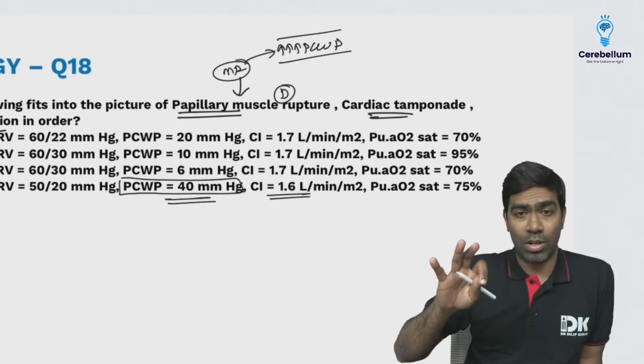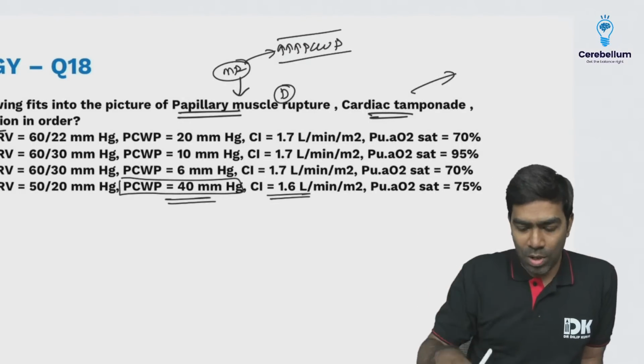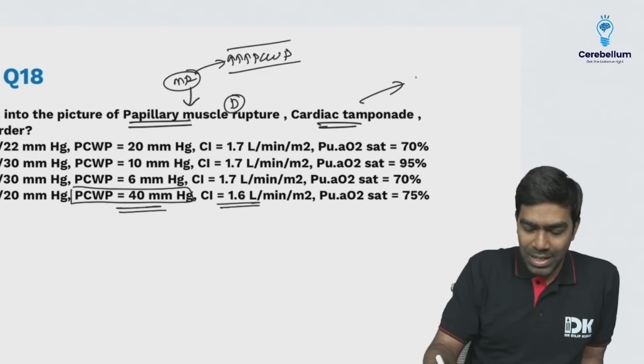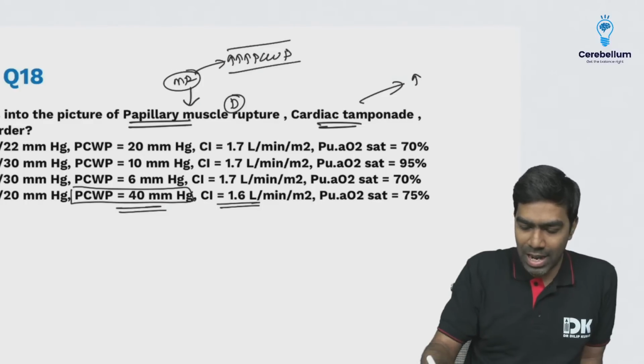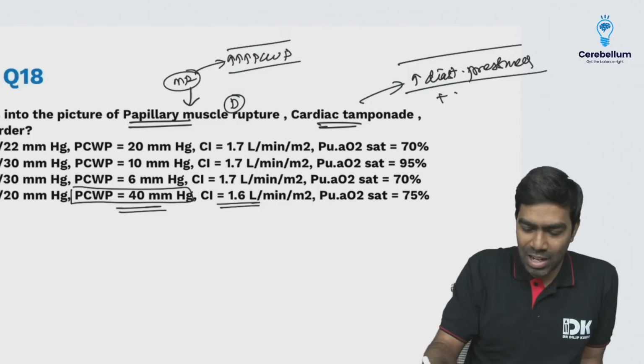See, with any pericardial disorder, it could be cardiac tamponade or constrictive pericarditis. The number one point that you need to know is there will be increased diastolic pressures, plus there will be equalization.